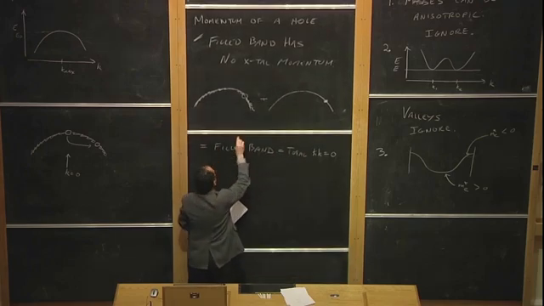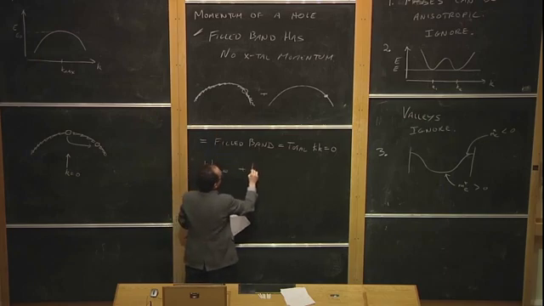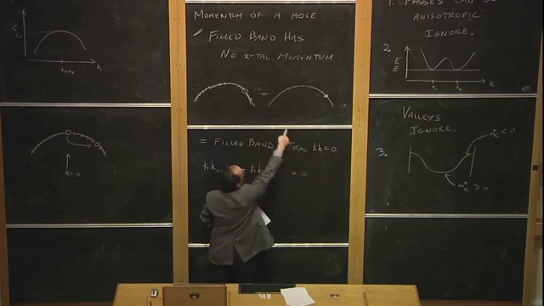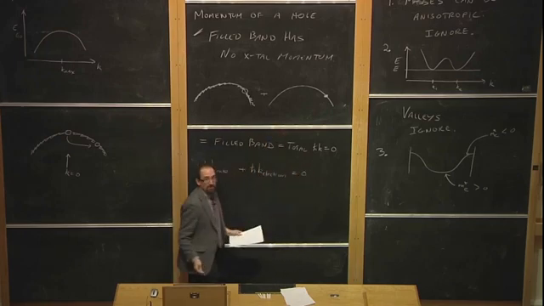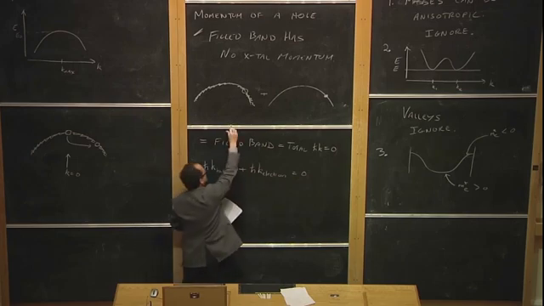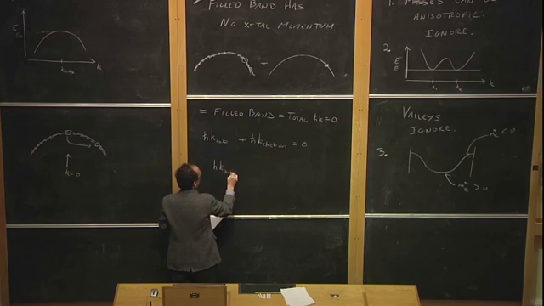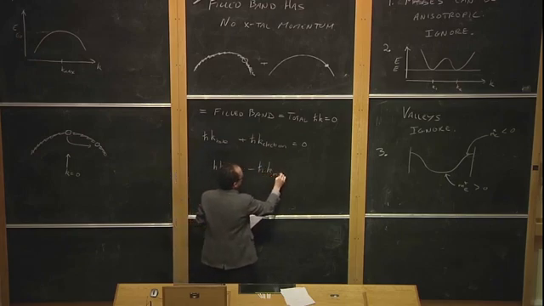So what we have then is h bar k for the hole over here plus h bar k for the electron, which is over here, should give us a total of 0. So far, so good? So that means that h bar k for a hole must be minus h bar k for the missing electron.